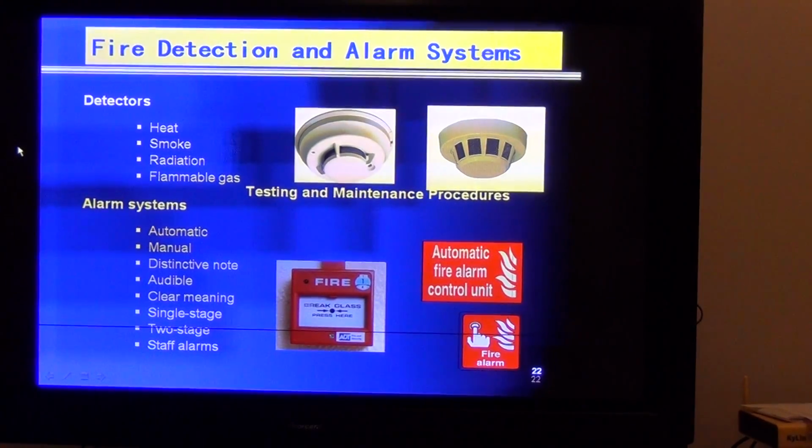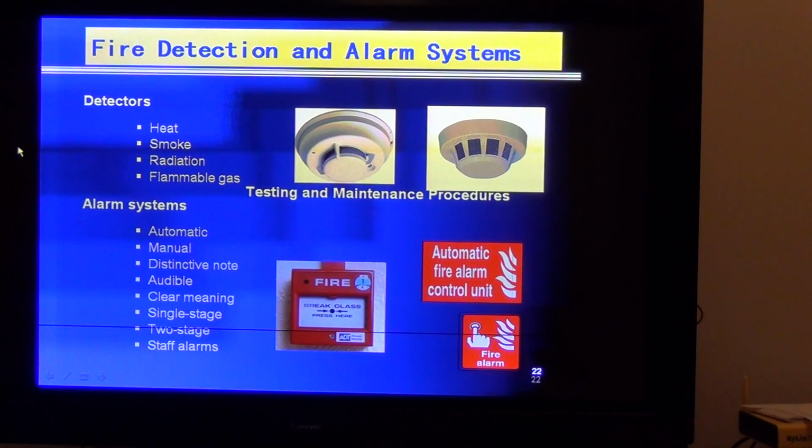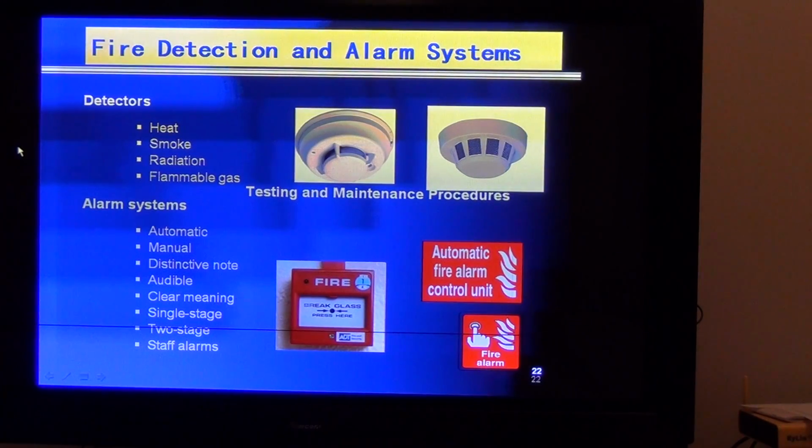They include heat, smoke, radiation, flammable gas, and so on. It doesn't matter what kind of detectors we use, we must maintain a good system and make sure it will work in case any fire may happen.